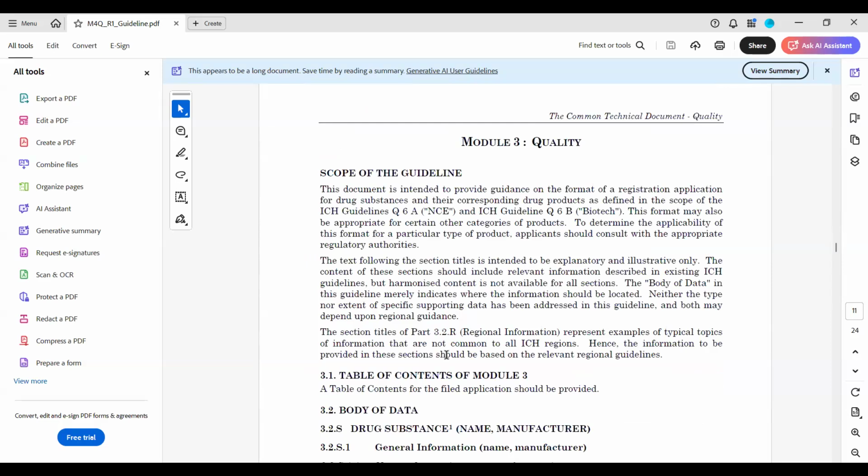But before jumping to module 3 quality, we will go back to module 2 and talk about 2.4 to 2.7. What are the data that are being submitted in 2.4 to 2.7? I hope till 2.3 you understood what data goes. I'll summarize again towards the end of the class, but let's move to module 2.4.